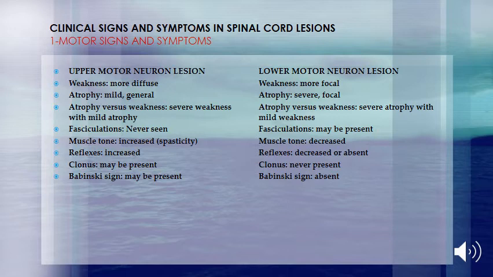Fasciculation is never seen in the upper motor neuron lesion, while it may be present in the lower motor neuron lesion. The muscle tone in the upper motor neuron lesion will be increased and it is called spasticity, while in the lower motor neuron lesion, the muscle tone will decrease, hypotonia.